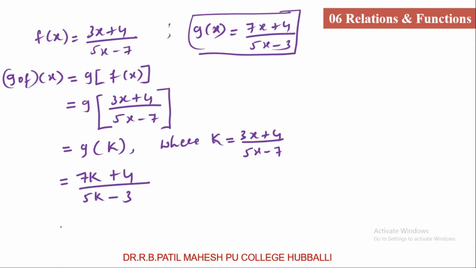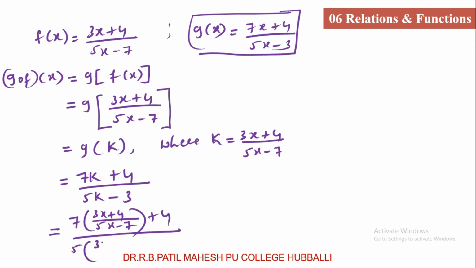Now I am going to replace k function. 7 into k function is 3x plus 4 upon 5x minus 7 plus 4 divided by 5 into k function 3x plus 4 upon 5x minus 7.